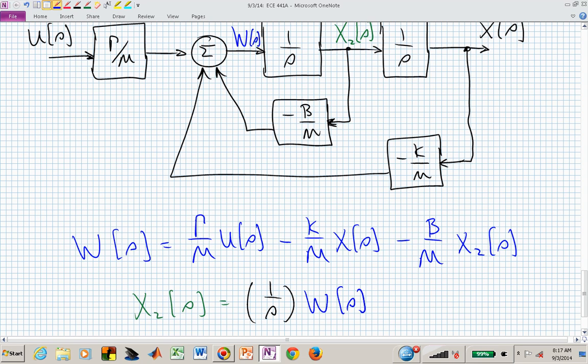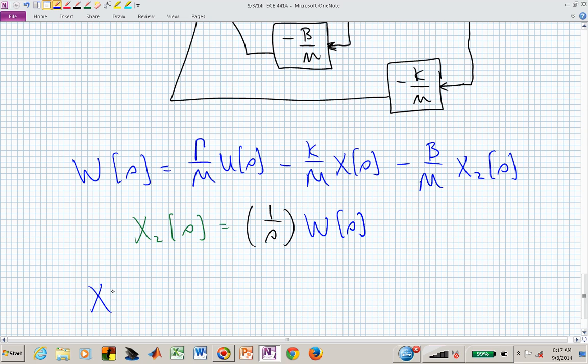What about X and X sub 2? We can do the same thing. They're related by that operator 1 over s. X of s is simply 1 over s times X sub 2 of s.